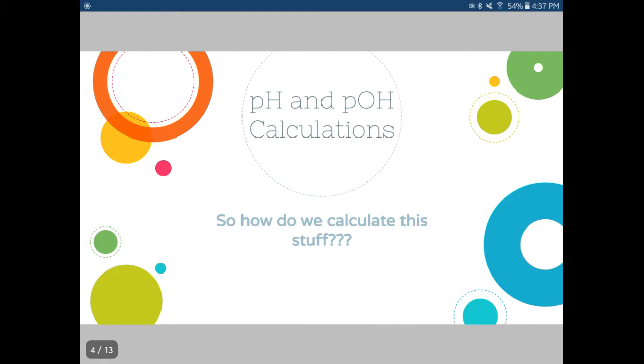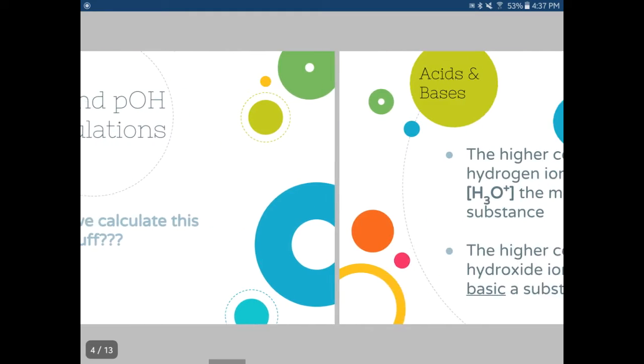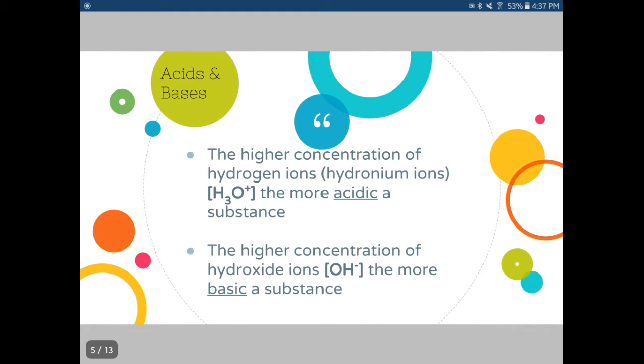Now that we know about our general concepts of acids and bases, we can talk about pH and pOH. So how do we calculate this stuff? Let's just jump right in and take a look. So acids and bases. The higher concentration of our hydrogen ions, or in other words, hydronium ions now, we call that H3O+.